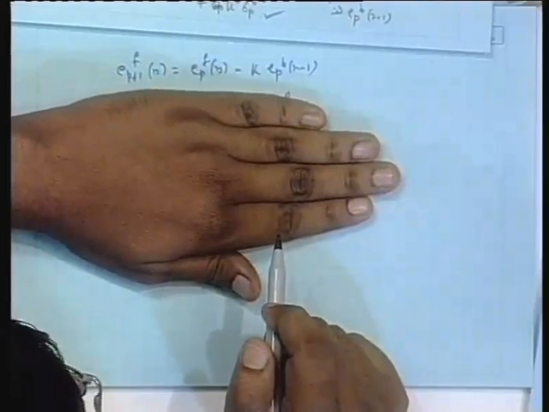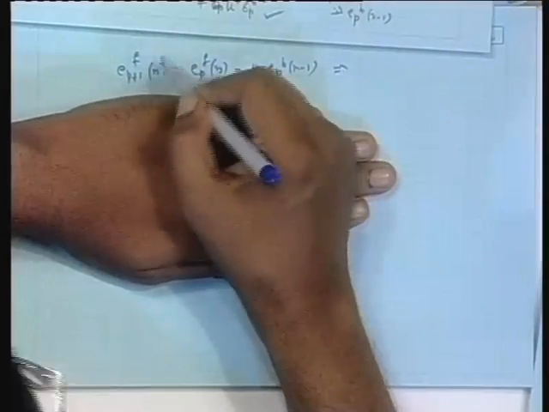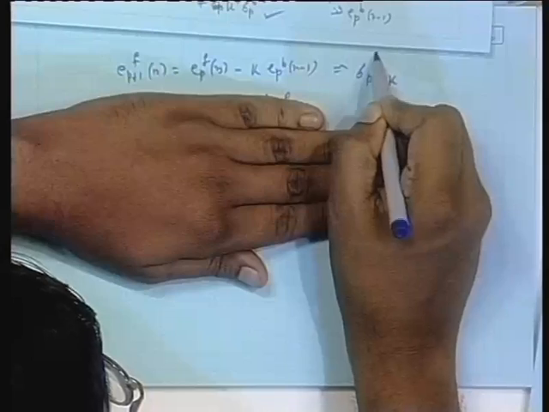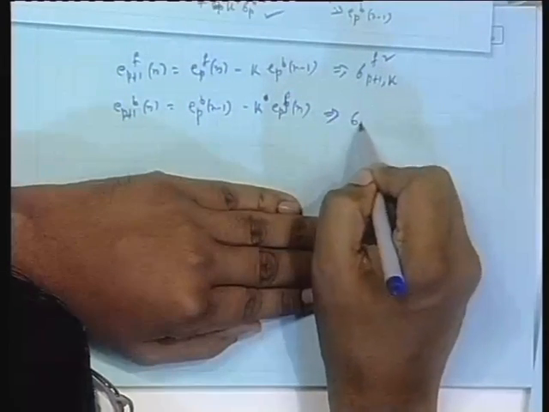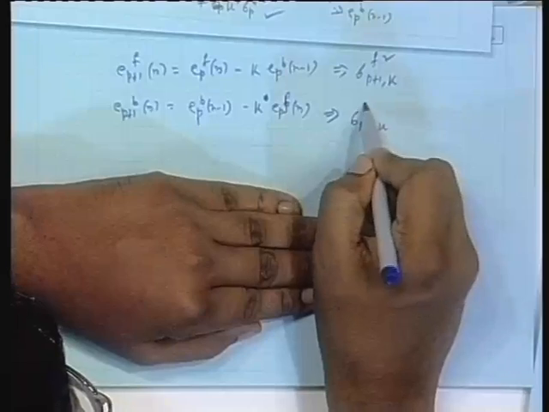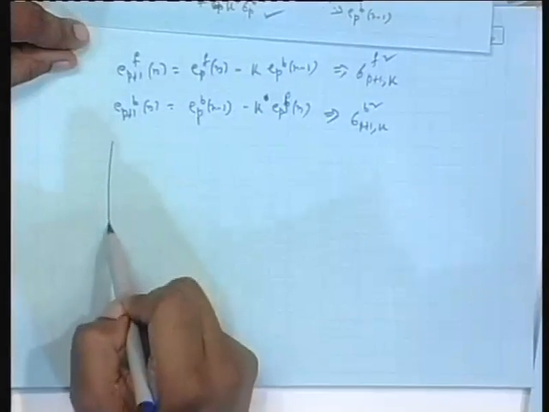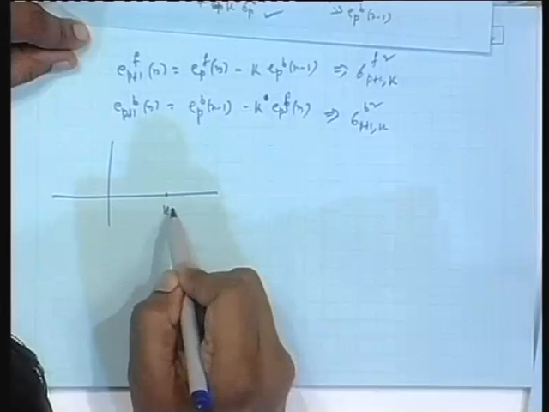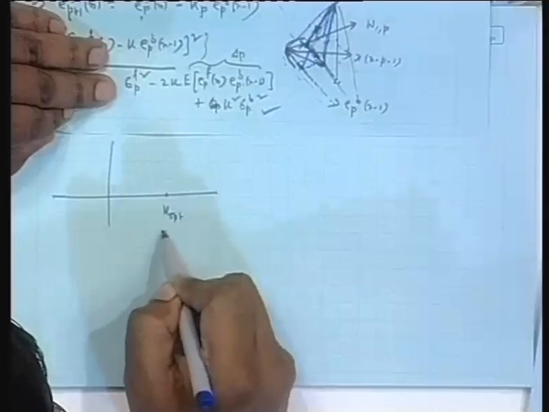But now see one thing. If I just take this with a general k and take the norm square of this, the variance of this, that I gave the name sigma p plus 1 k f square, and if I take the norm square of this, I can give the name sigma p plus 1 k b square. Now this is a quadratic function of k, and there is an optimal k, k optimal. What is that k optimal? The one k opt, which is the same as k p.